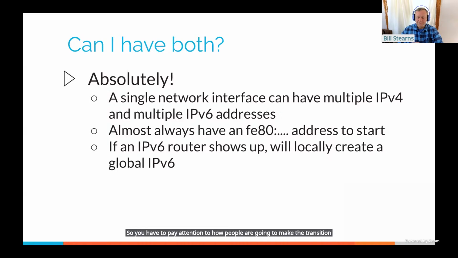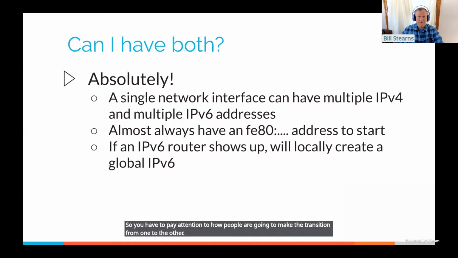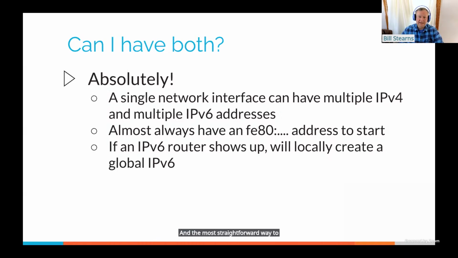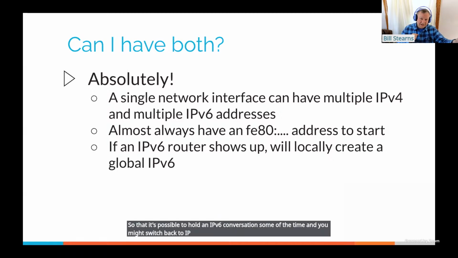So you have to pay attention to how people are going to make the transition from one to the other. The most straightforward way to do this is to say any network interface can have an IPv4 address, it can have an IPv6 address, and it might in fact have multiple addresses of either or both kinds, so that it's possible to hold an IPv6 conversation some of the time, and you might switch back to IPv4 some of the time.